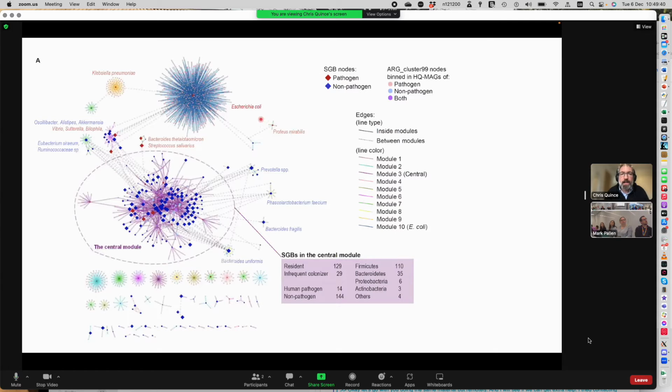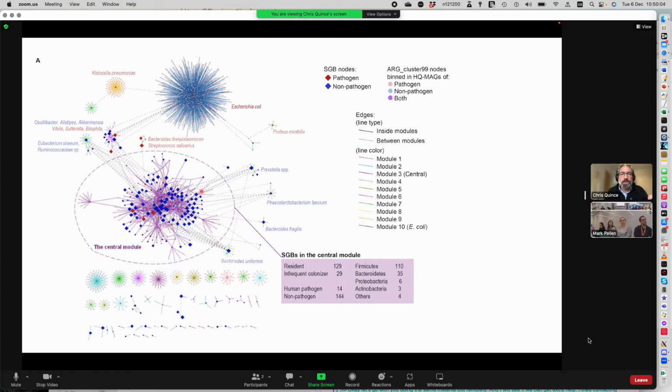And finally, the last thing we did with this data set was, because like all large-scale studies should conclude with a network, we formed what in this case is a bipartite network of MAGs and genes. So it's bipartite because we've got two types of things, the genes and the MAGs, and then we've connected them together.